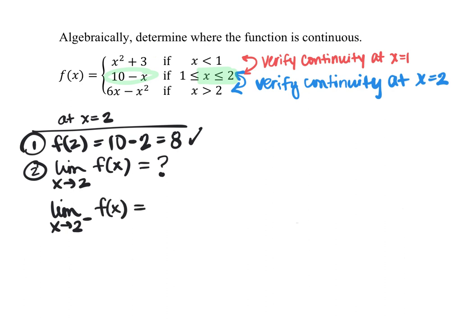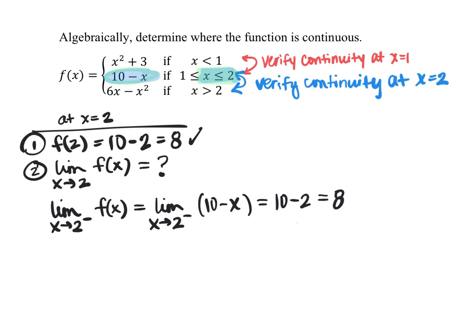If x is less than 2, we're looking at values smaller than 2. So an x value smaller than 2 puts us on the middle piece, the 10 minus x piece. So we'll find the limit of 10 minus x. Doing direct substitution gives us 10 minus 2. So the left-hand limit is equal to 8.